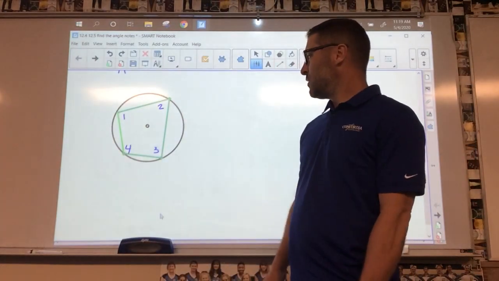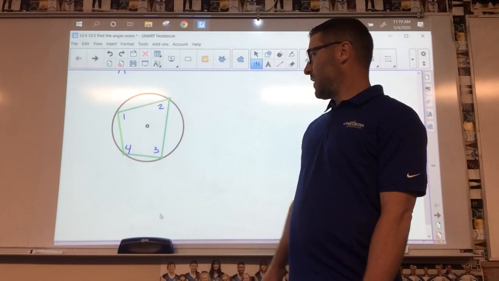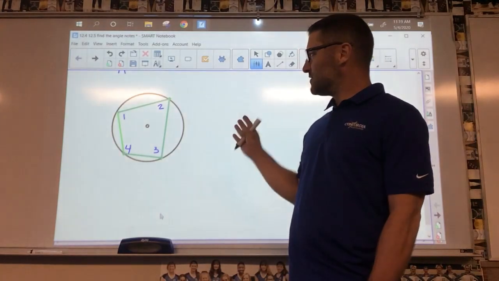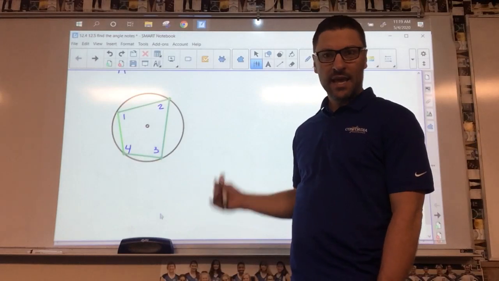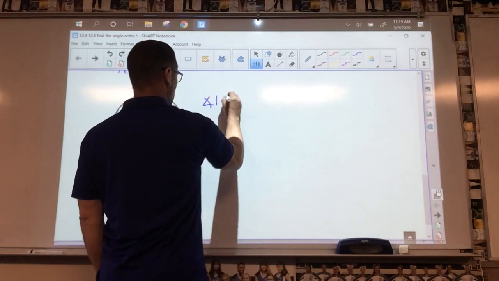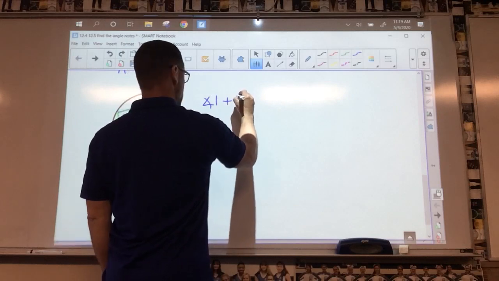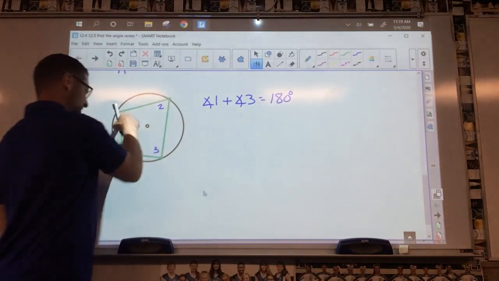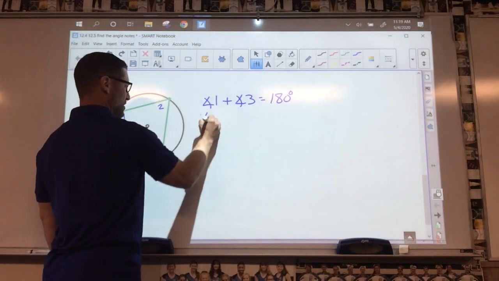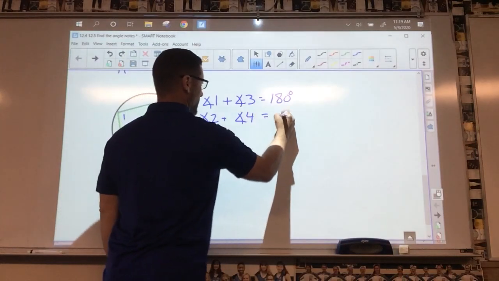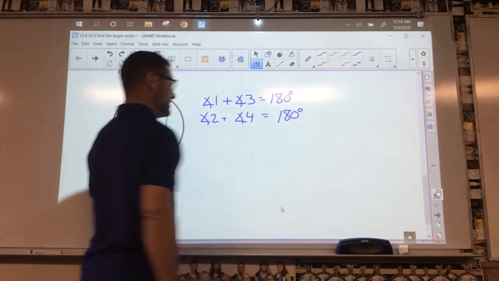We know that. But there's another rule that goes with it: the angles across from each other have to be supplementary. So angle 1 plus angle 3 have to add up to 180 degrees. That's a rule. And angle 2 plus angle 4 also have to add up to 180 degrees.